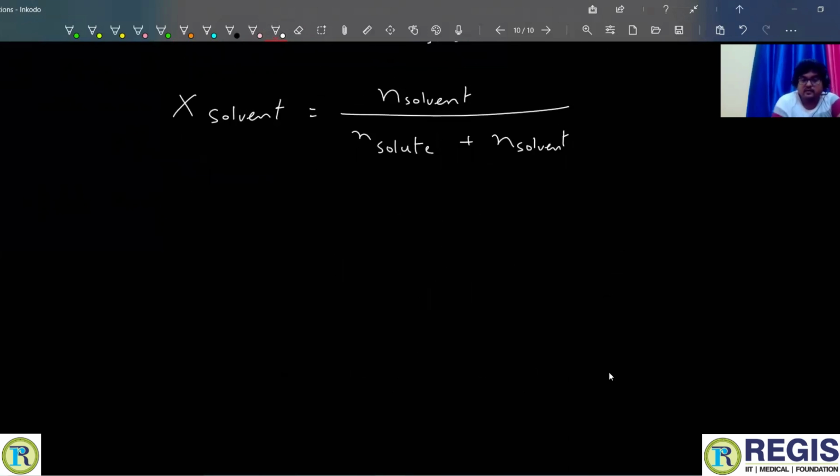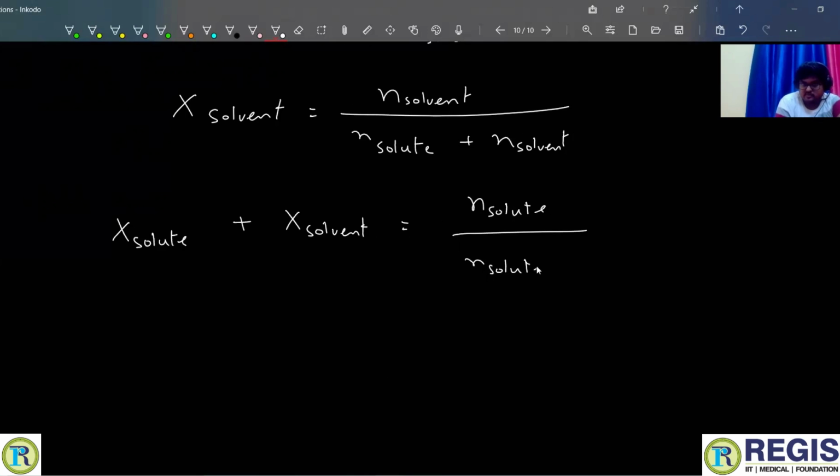Okay. Now if you write down x of solute plus x of solvent, that means mole fraction of solute plus mole fraction of solvent, which is equal to moles of solute plus moles of solvent divided by moles of solute plus moles of solvent.